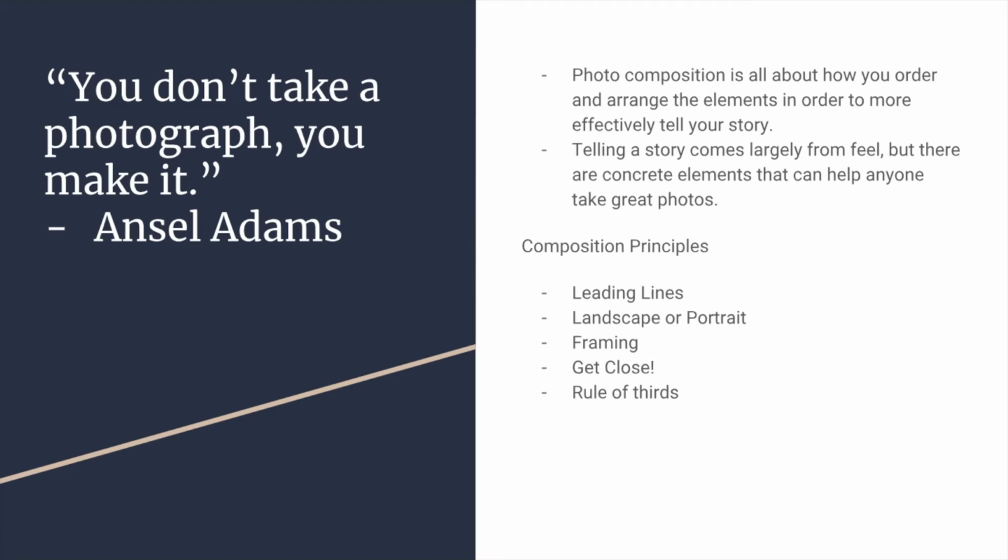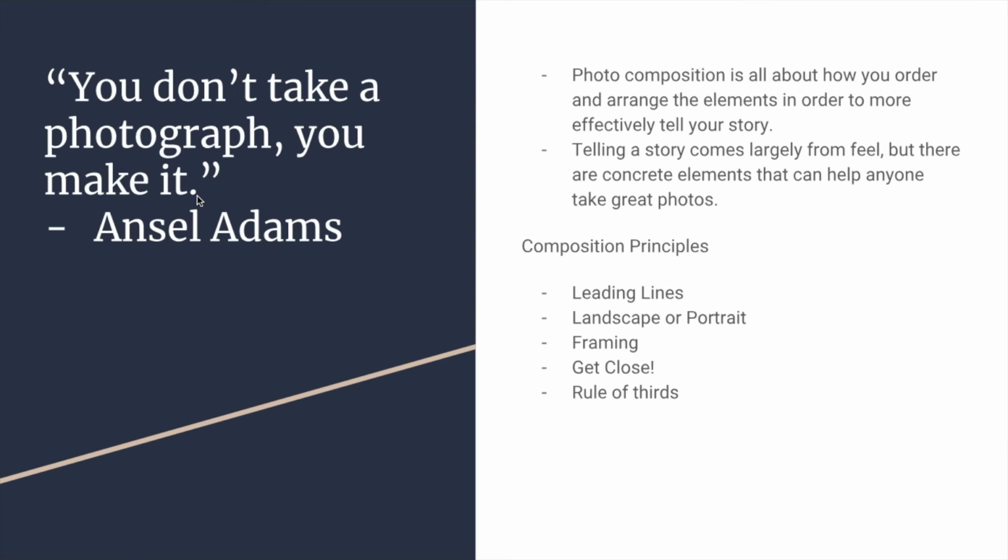As that second bullet there says, while photographic style, while the emotions of a photograph come a lot from a variety of places, there are still concrete elements we can focus on that are going to help give our photographs a chance to be better every single time.